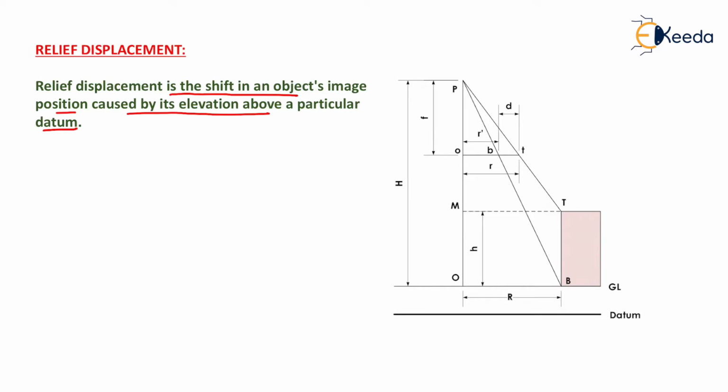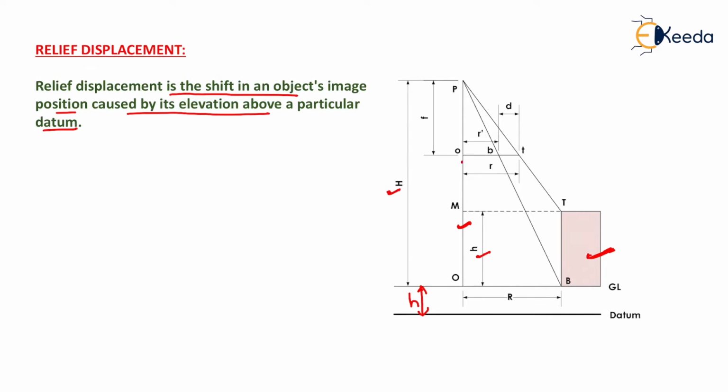Now for the computation of relief displacement, we have to see certain parameters which are shown here, that is the building or an object denoted by B and T. T is the top point of the object and B is the bottom point of the object. Its total height is small h. Now this is the optical axis of the camera. Capital H is the flying height above the ground level.